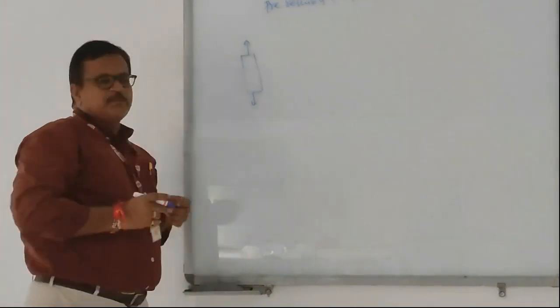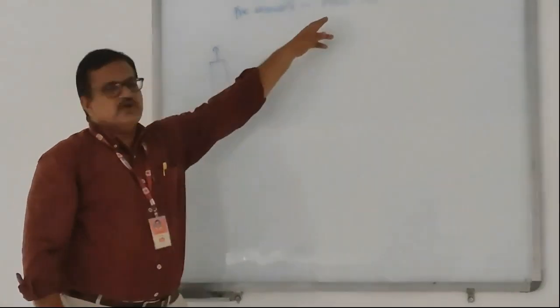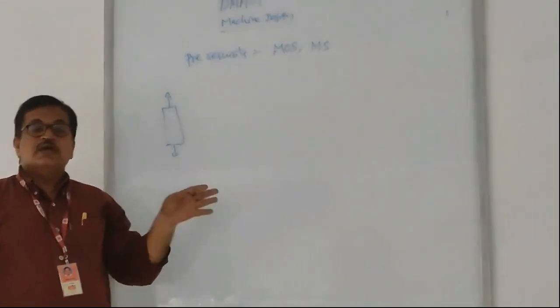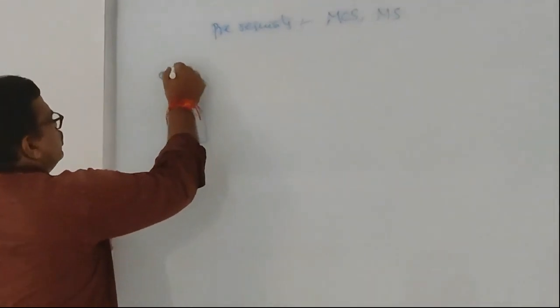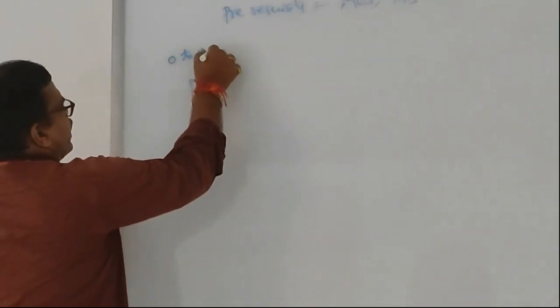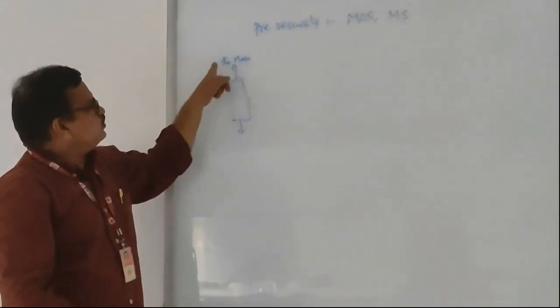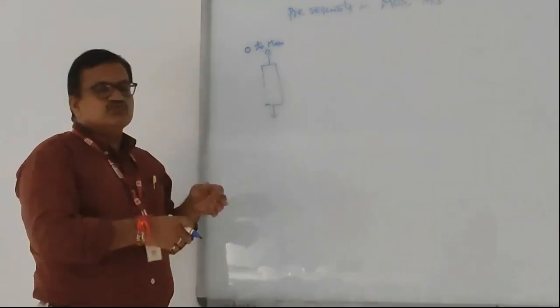If this load is applied, the member, according to mechanics of solids, is deformable. But if you are increasing the load starting from 0 to some maximum value, the member is going to stretch.